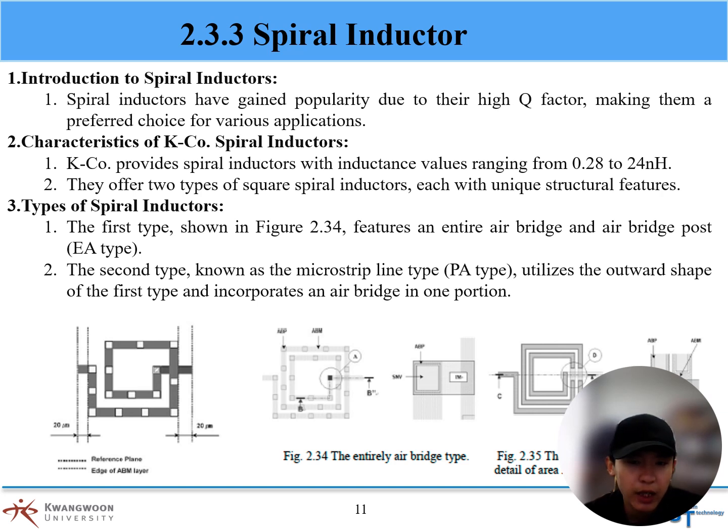They offer two types of square spiral inductors, each with unique structure features. The first type, shown in figure 2.34, features an entire air bridge and air bridge post. The second type, known as the microstrip line type, utilizes the outward shape of the first type and incorporates an air bridge in one portion.